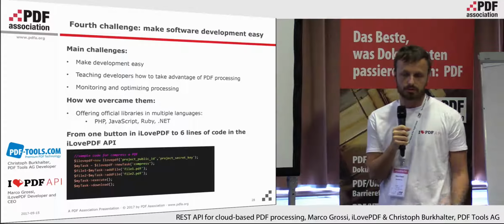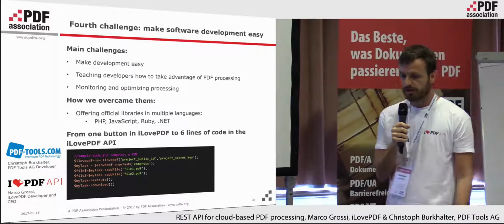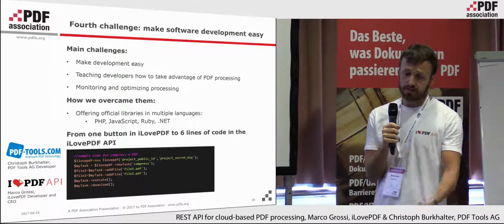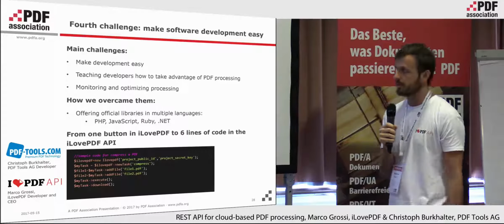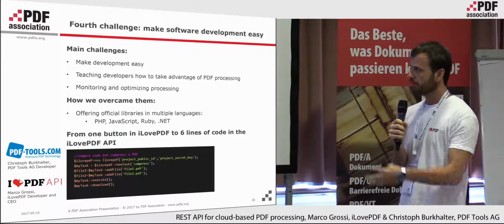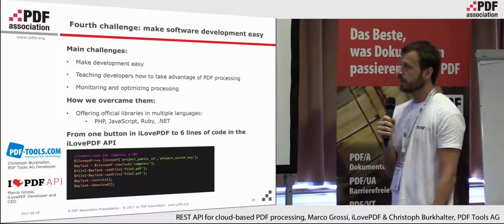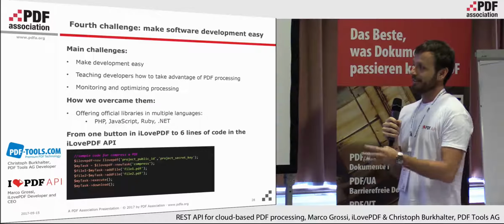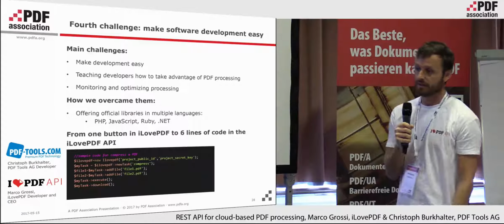Of course, we have to teach the developers how they can do it, and also give tools for monitoring, debugging and optimizing the process. So we are already offering 3 official libraries: PHP, Ruby, and .NET. JavaScript is about to be released in a few weeks. At the end, all that we have been talking about is these 6 lines of code for a developer.